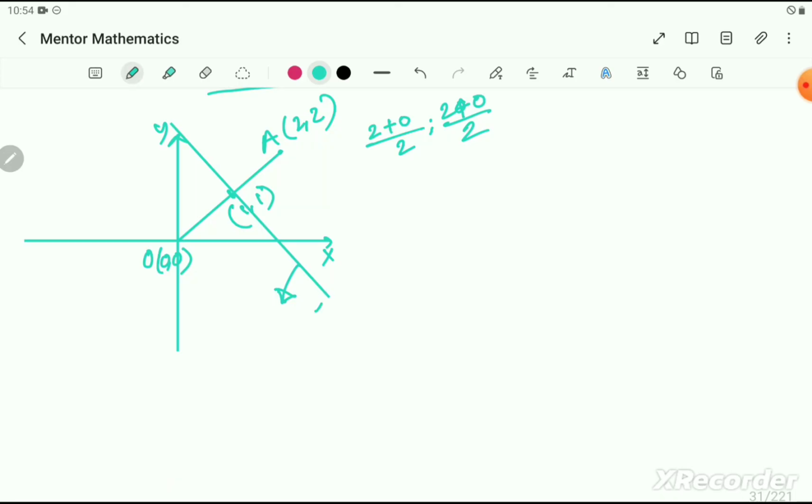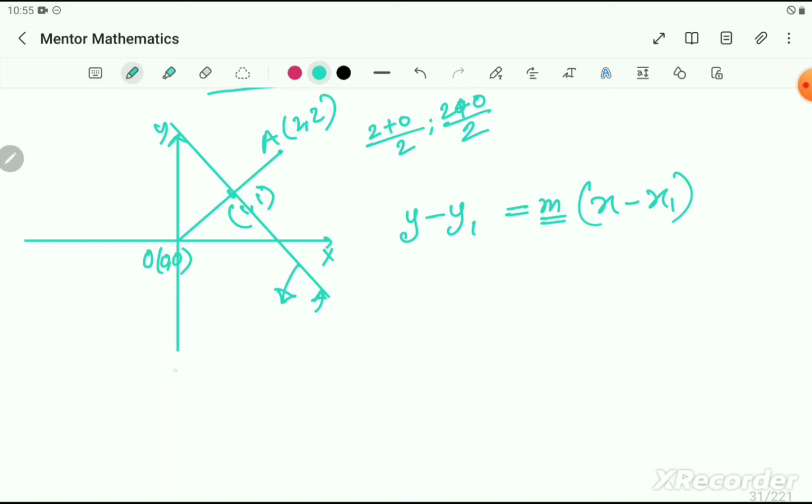This line is perpendicular to the OA line, and it passes through the midpoint (1, 1). So first of all, we can write the equation y minus y1 equals m times (x minus x1). This is our equation. We know the midpoint (1, 1), but we don't know the slope m.